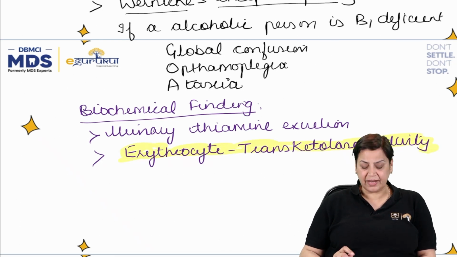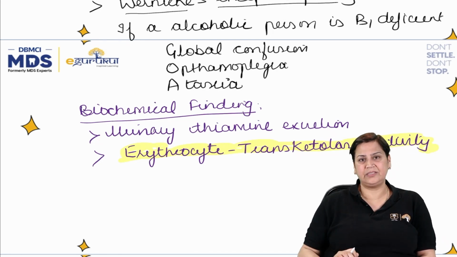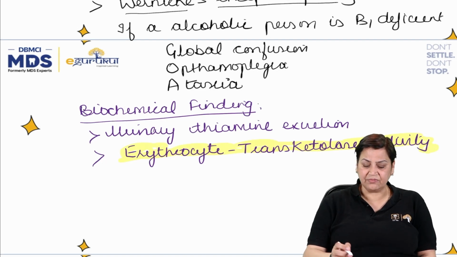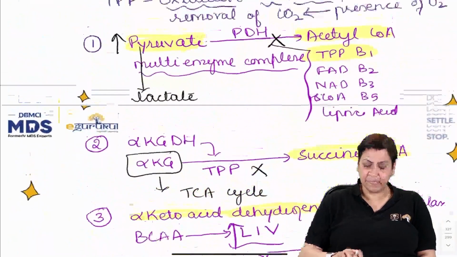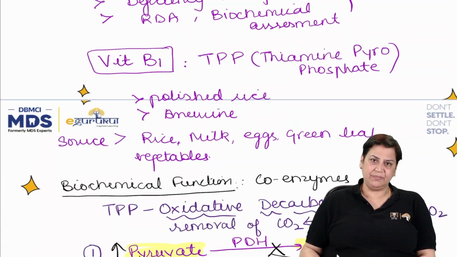So the biochemical findings are: we check the presence of thiamine in urine, and transketolase activity in erythrocytes is assessed. If there is any deficiency, automatically it is going to be reflected in the RBCs. Alright, so this is vitamin B1, where the active form is TPP.